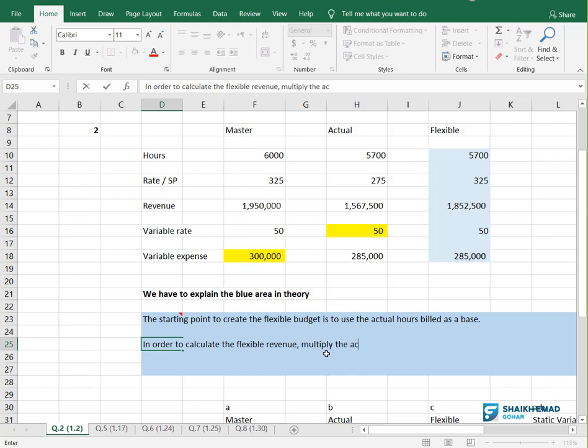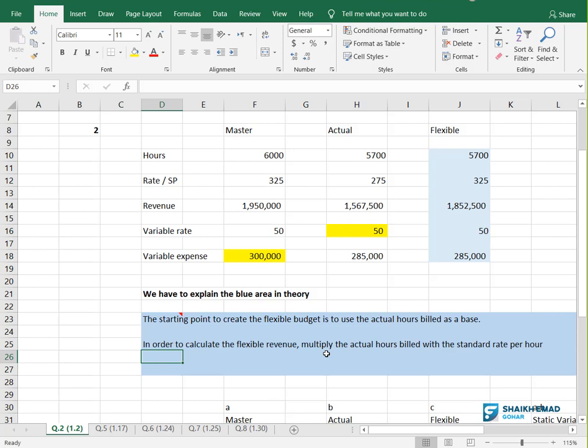Multiply the actual hours billed with the standard rate per hour, right or not? How I got 1852, I multiplied 5700 with 325, and I'm telling him what is 5700, what is 325. That's it, no rocket science here.